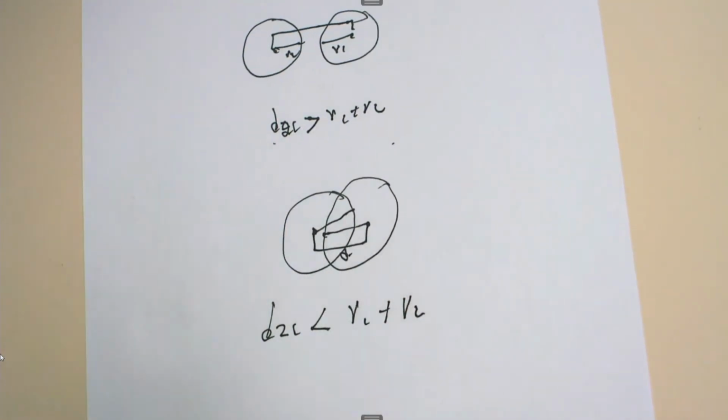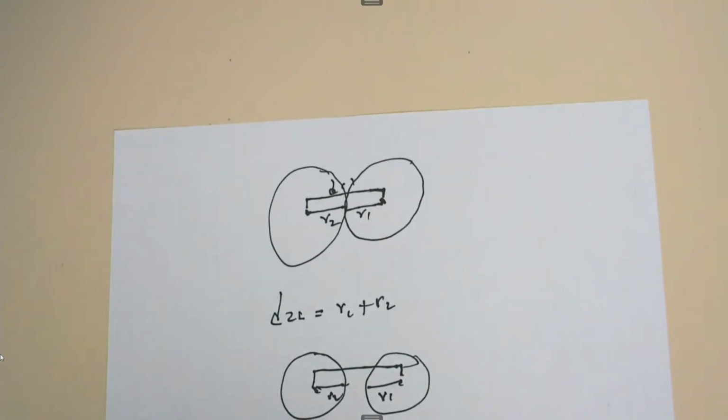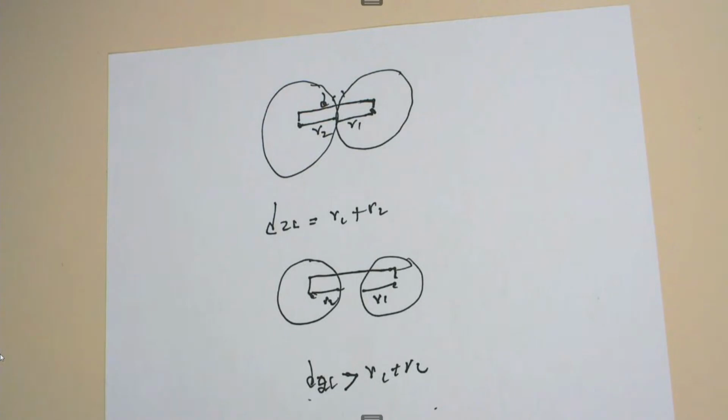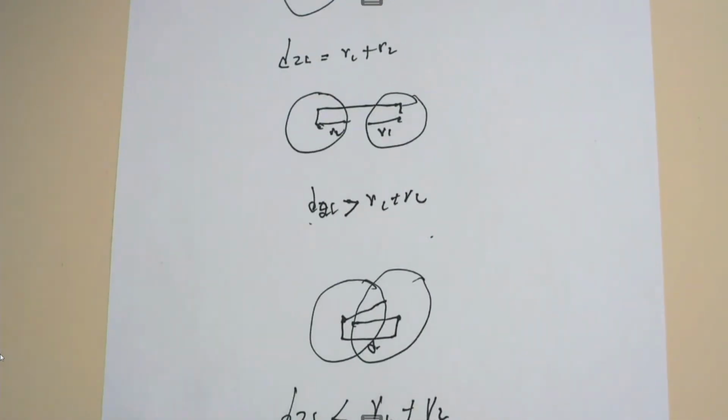Then the two circles will intersect each other, at two points at most. Yes, please keep that in mind. I think the picture will make more sense to you now. If R1 plus R2 equals the distance between the two centers, they will intersect at one point. But if it is more, then no intersection. But if the distance between the two centers is less, then it will intersect at more than one point.